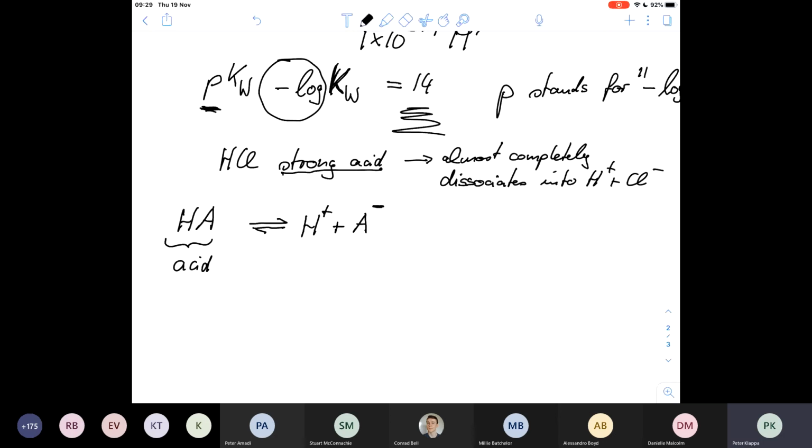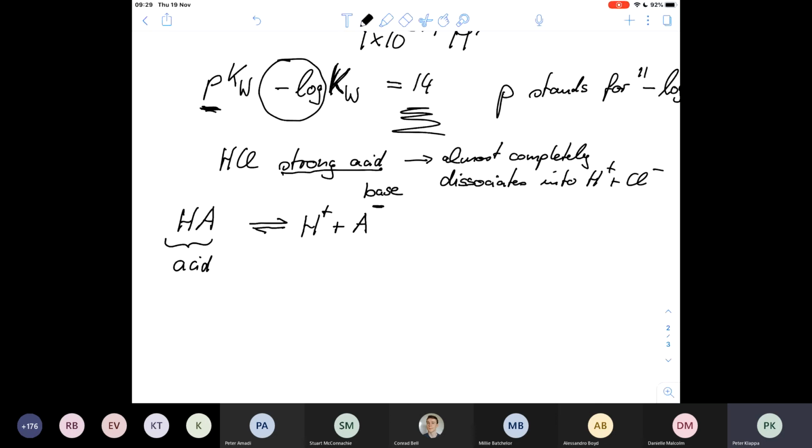A minus here, that's our base. Is it a conjugate acid-base pair, HA and A minus? Yes, it is, because it's the same compound and only one proton difference. So that's the definition of a conjugate acid.